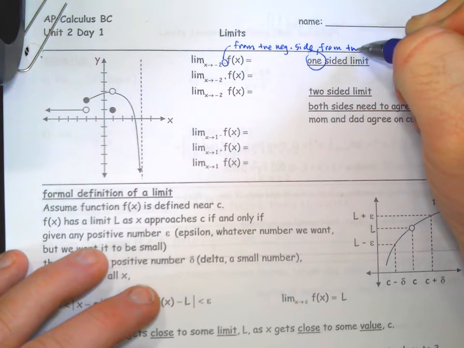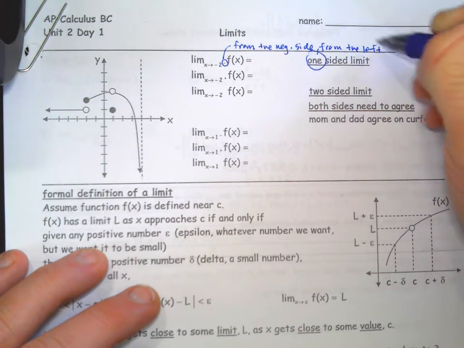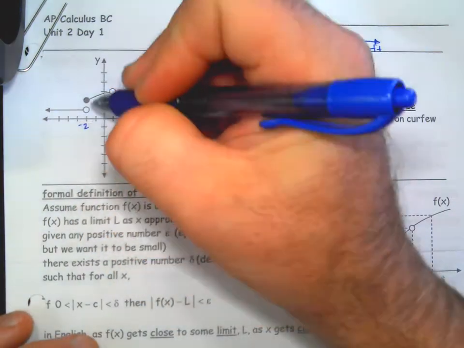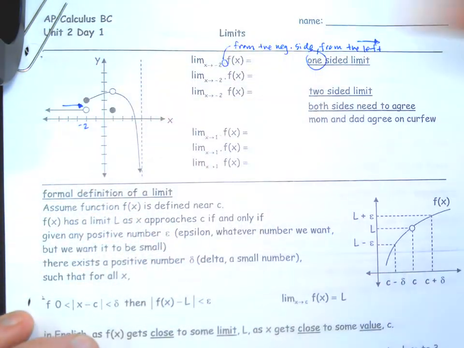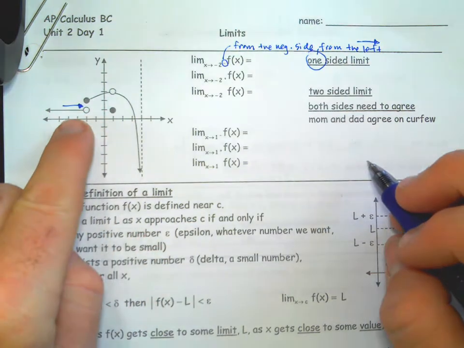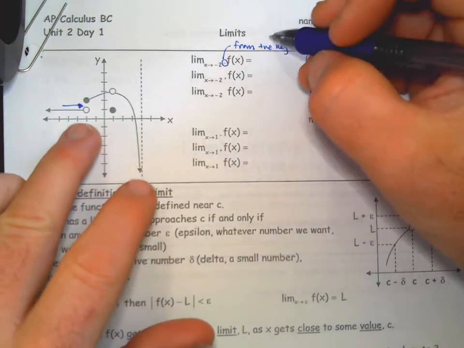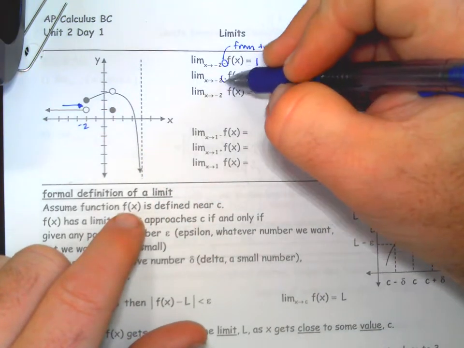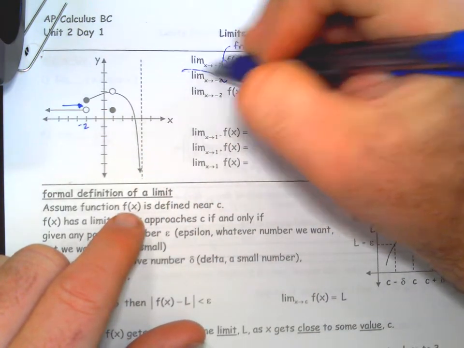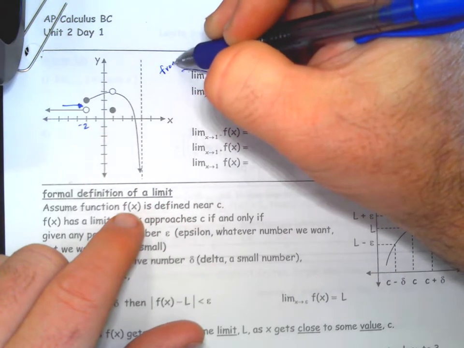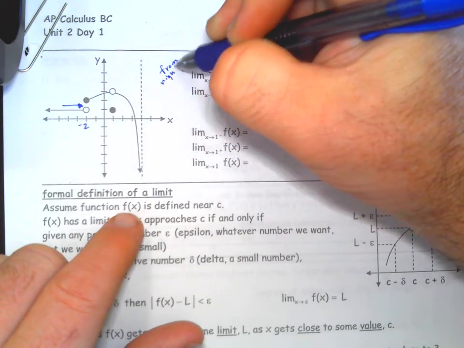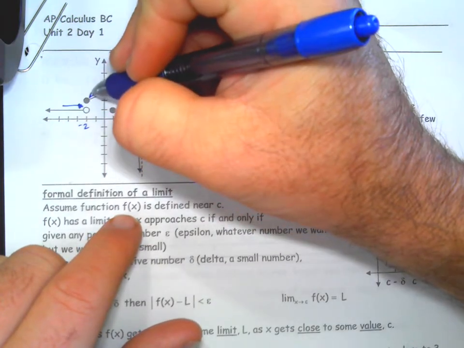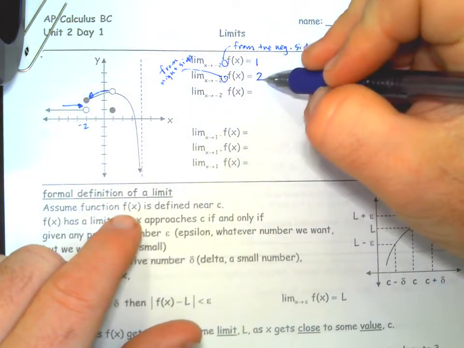So at -2, if we approach it from the left, the y value is approaching 1. From the right side, the positive side, it approaches the value of 2.